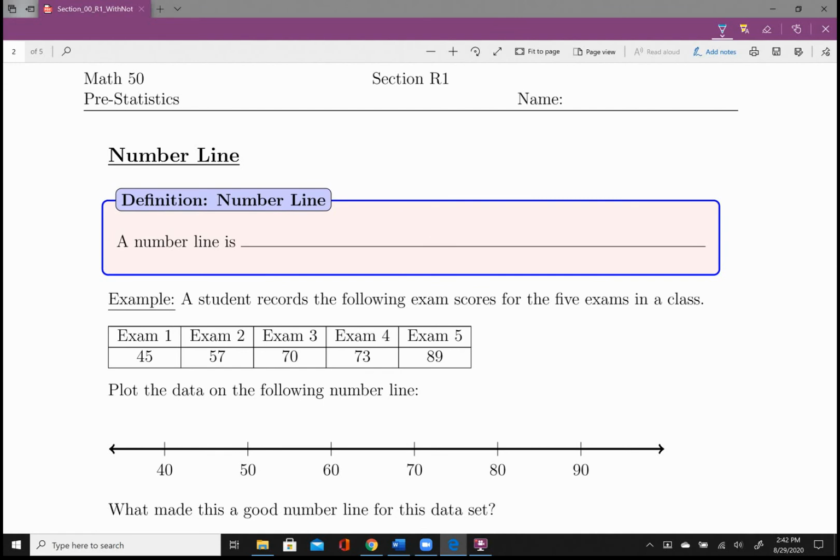Now, one particular representation of a data set could come in the form of a number line. So I'm going to define this as a graphical representation of some data. Cool.